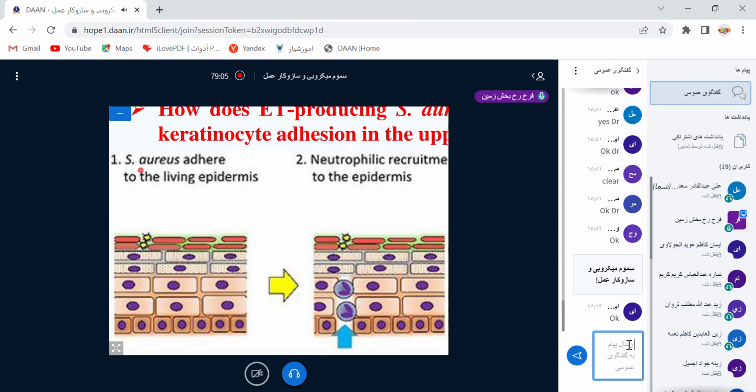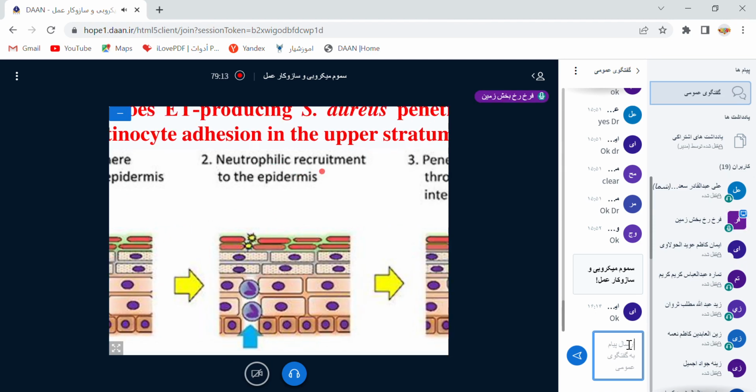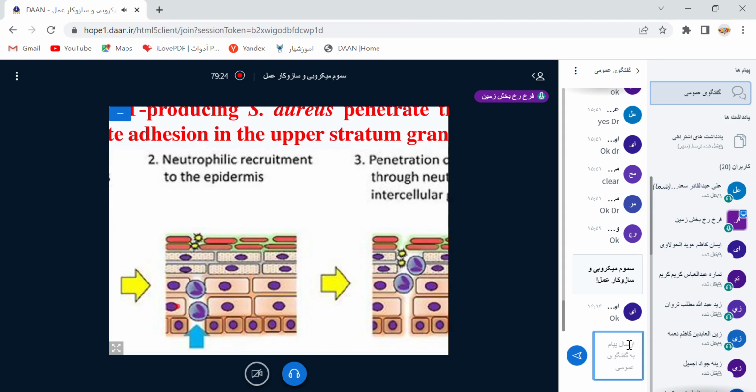Number one, Staphylococcus aureus adheres to the living epidermis. You can see like this. Number two, neutrophil recruitment to the epidermis. Neutrophils come to defend. These neutrophils are coming.